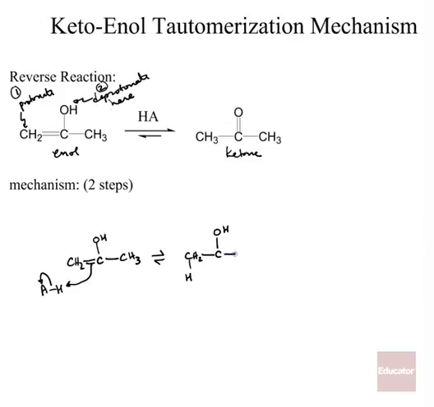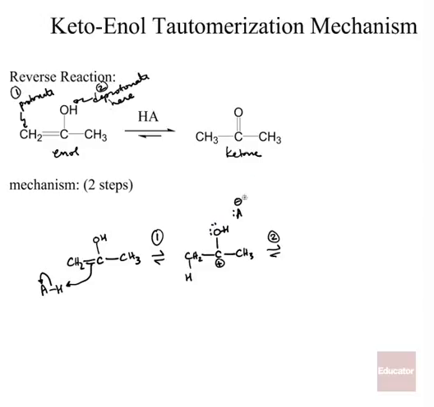And what happens to this carbon now? It only has 3 bonds, and so I have a positive charge. So just like anytime I protonate a pi bond like we saw for alkenes, you get a carbocation as your product. So our second step, that was step 1, was to protonate. Step 2 is going to be to deprotonate, so I can bring my A- in here to deprotonate this oxygen.